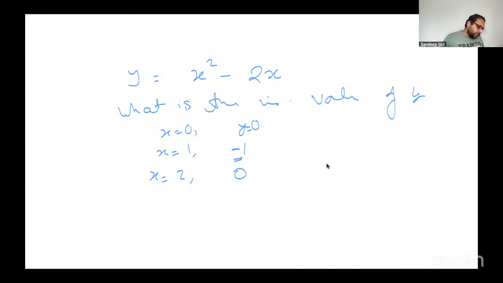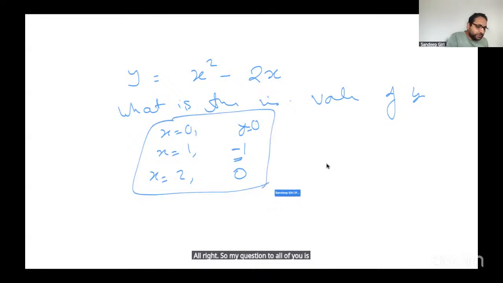All right. So my question to all of you is, is there a better way to do it? We want to find the minimum value of y. This is MIN, minimum value of y.